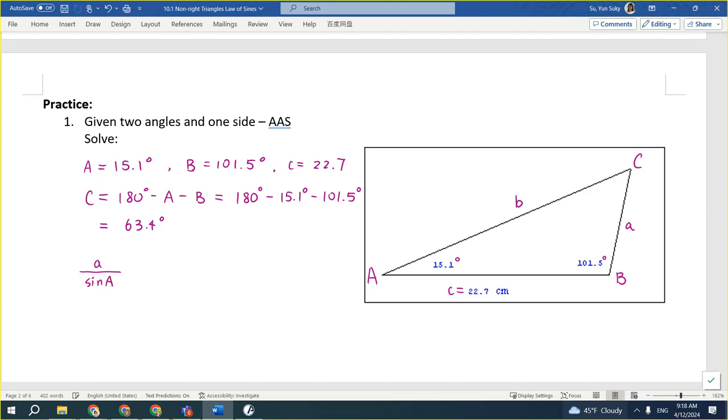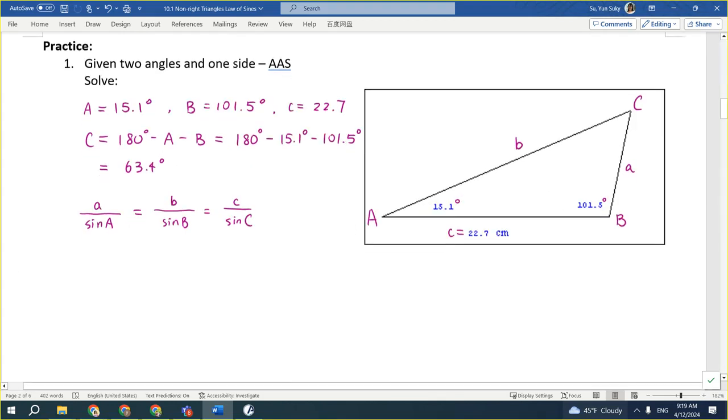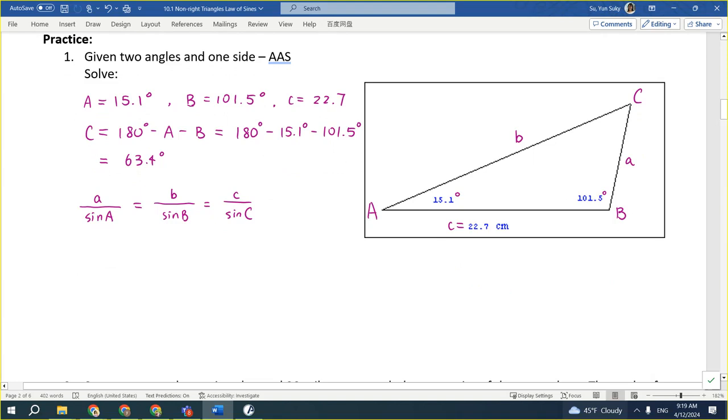So let's put the side on top. If you put the side on the bottom, that's okay. You have the same answer. Okay, so this is the law of sine. So practice memorizing this formula.